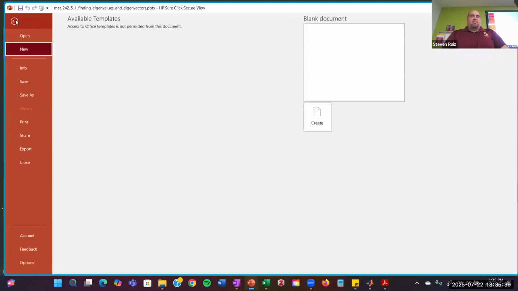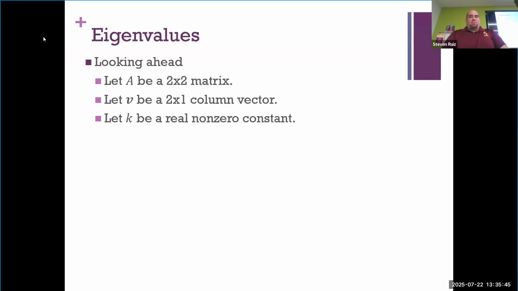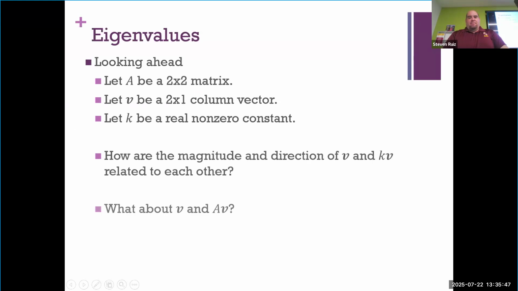Vector V, even if you don't multiply it by K, has a magnitude. But what happens if you multiply it by K? It scales it, right? It could make it longer, it could make it shorter. It might alter the magnitude. What if K is equal to 1? It's not going to do anything, right? So the magnitude is in doubt. Those two things might have different magnitudes.